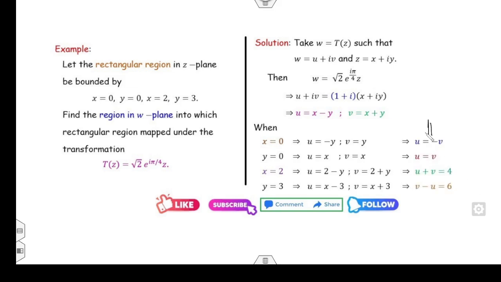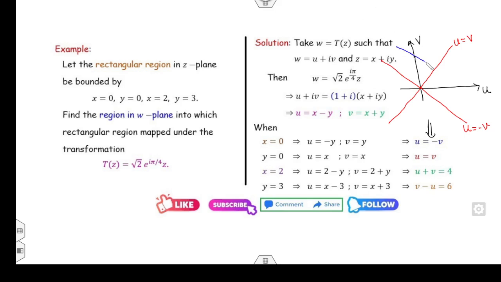Can you draw the graph on the uv plane? Fine. So let's see. v is equal to minus u. This is the graph of v is equal to minus u. v is equal to u. This is the graph of v is equal to u. u plus v is equal to 4.